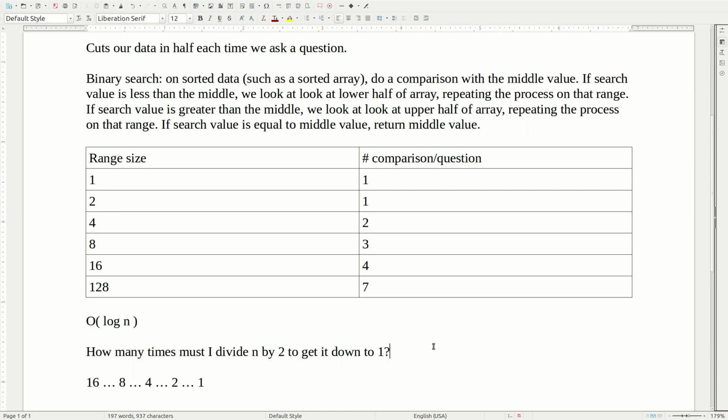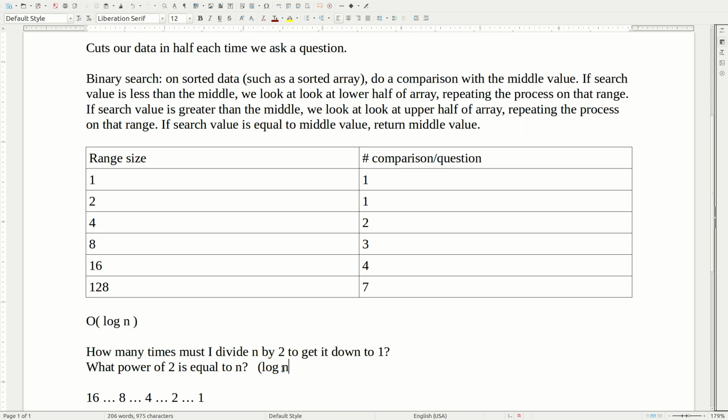There's another way to ask that question, which is, what power of 2 is equal to n? That will answer the same question as these. And there is a mathematical function that tells us the answer to that question. It is log base 2 of a number, which gives us the power of 2 that gives us that number.